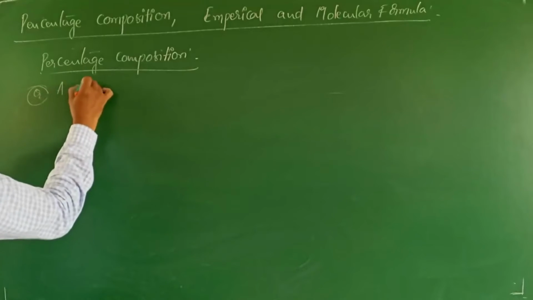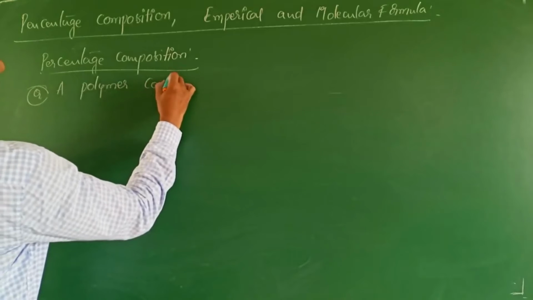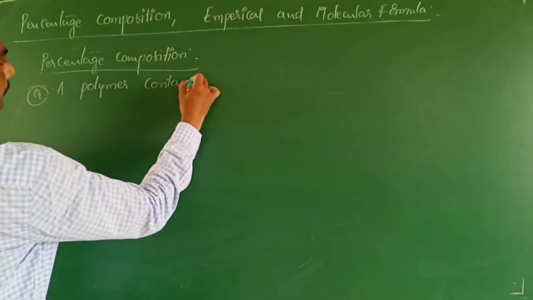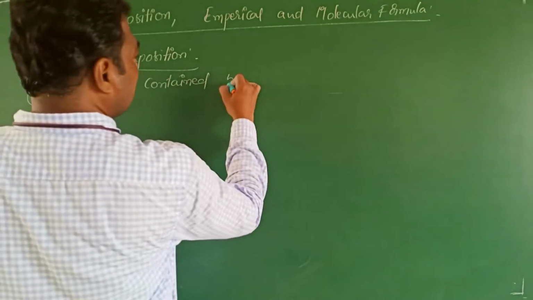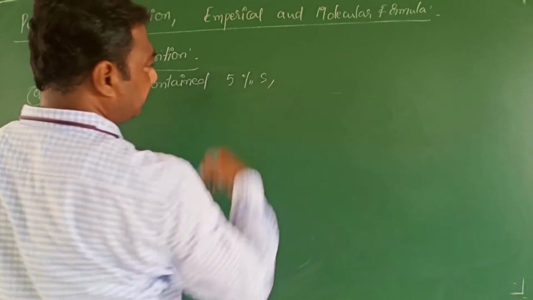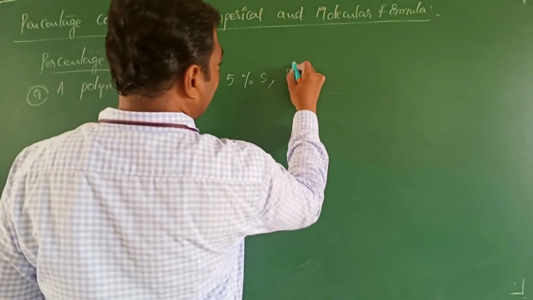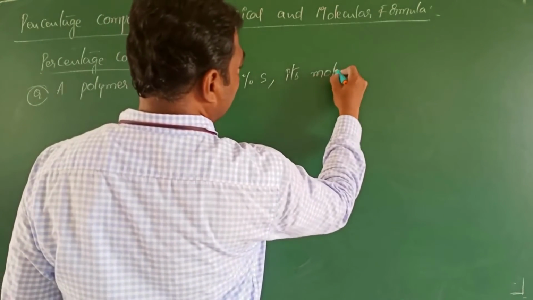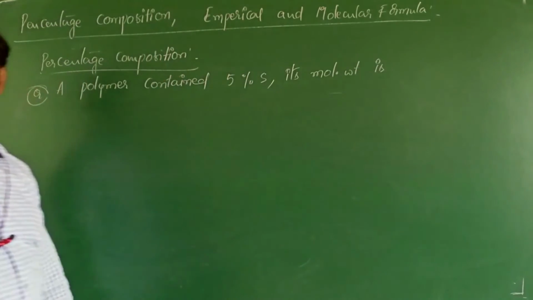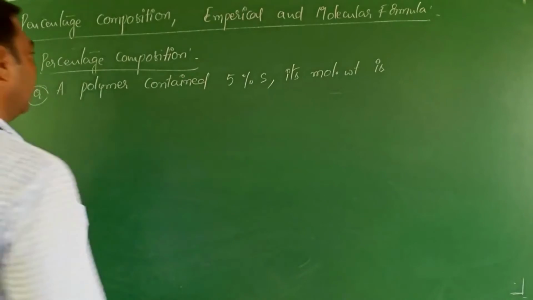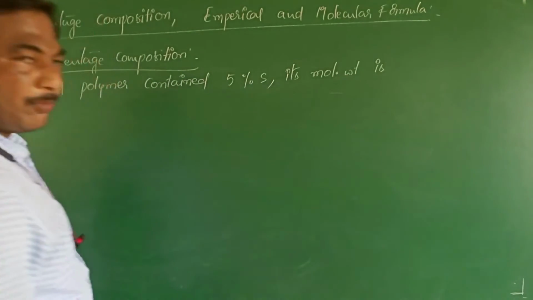A polymer contains 5% sulfur, and it is asking us to find its molecular weight.